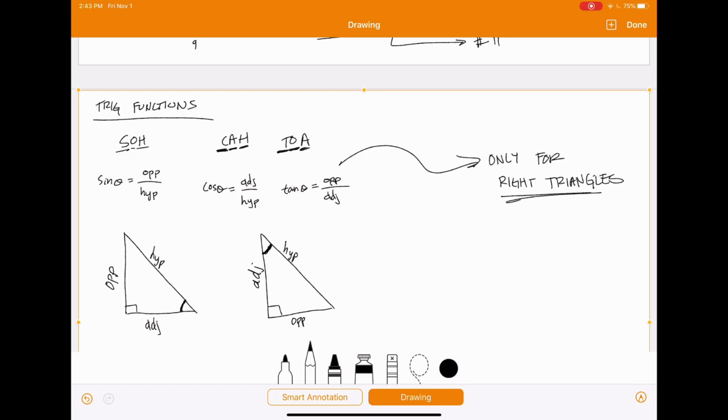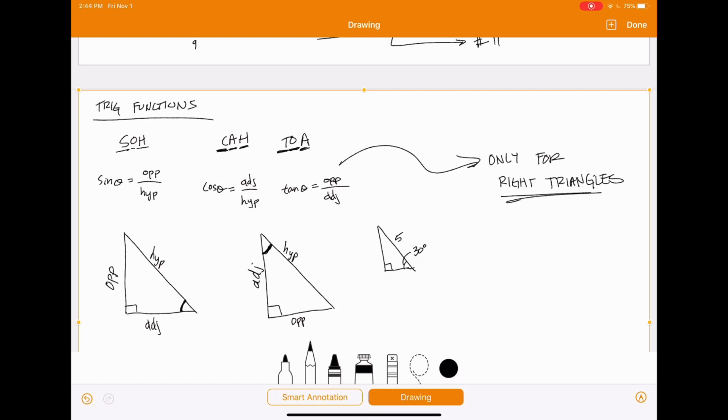So your adjacent and opposite switch depending on which angle you're looking at, but your hypotenuse will always stay the same. So if we've got this triangle here, and we know that this angle is 30 degrees, and this side is 5.